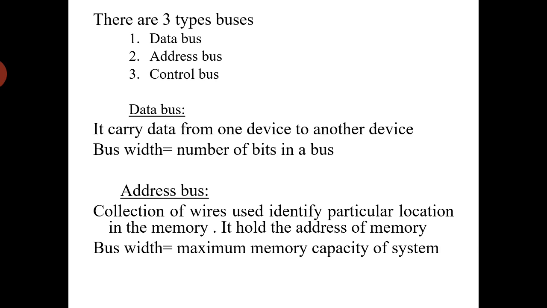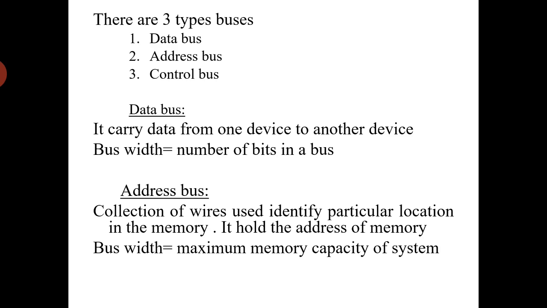Its bus width is equal to the number of bits in a bus. For any bus, the data bus width is nothing but how many bits we are transferring in that bus. If I am transferring 4 bits in the data bus, that means the data bus width is 4.